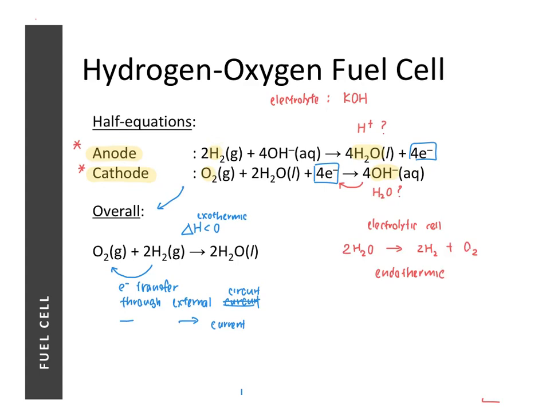Now, a few more things to take note of for a hydrogen oxygen fuel cell: unlike a normal fuel, where the energy release will stop when the reactants are used up, in a hydrogen oxygen fuel cell, the reactants are being flowed continuously.